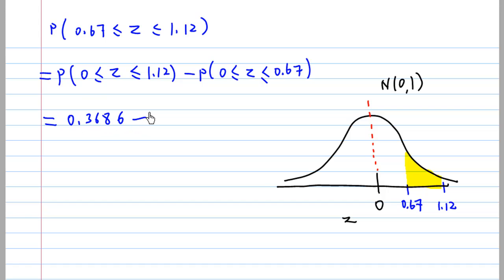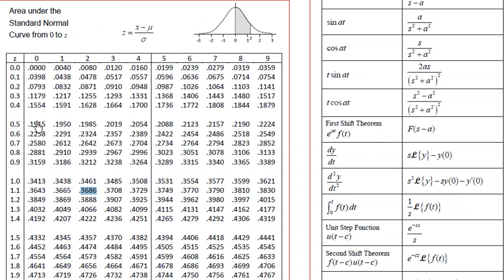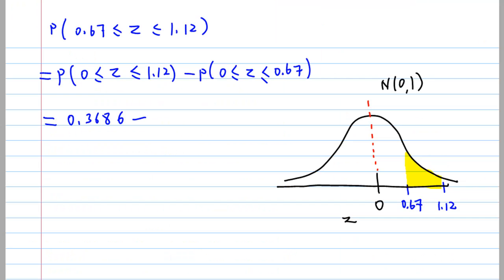Then let's find the area from 0 to 0.67. Okay, from 0 to 0.67, the area is 0.2486. So I write down the area 0.2486, and the difference is 0.12. And this is using the normal to find the approximate answer.